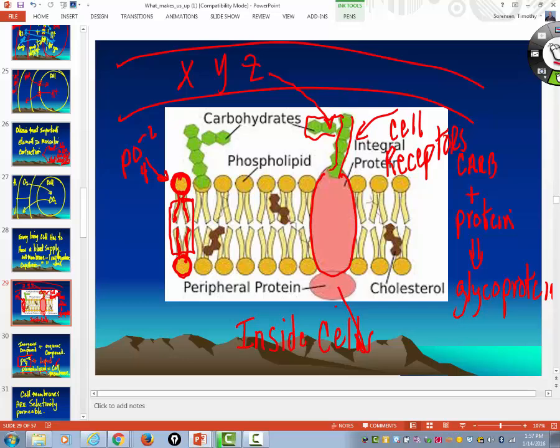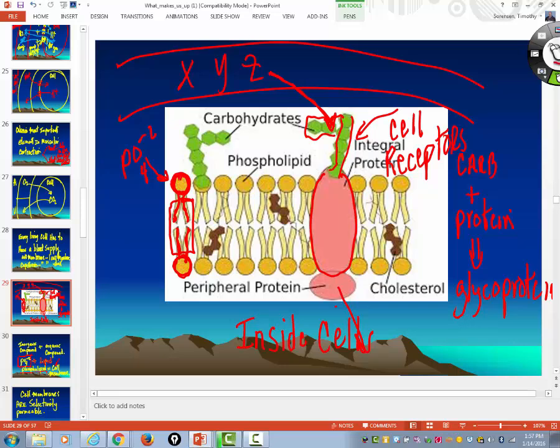And this is important because it prevents the chemical from getting into the cell and potentially doing bad stuff. So it's like this chemical is a messenger, and it sends a message to the receptor, and then the receptor, which is built into that cell membrane, will tell the cell to do something.